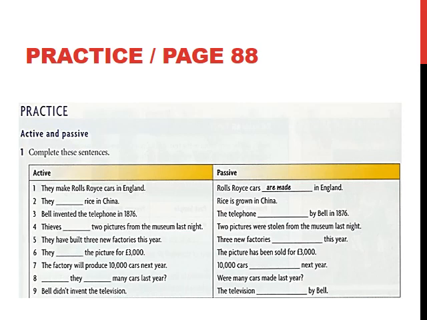So you are going to make the active a passive one, and vice versa. I mean, you will find some passive sentences completely solved, so you're going just to make the active one. So according to your understanding, you can solve this exercise.